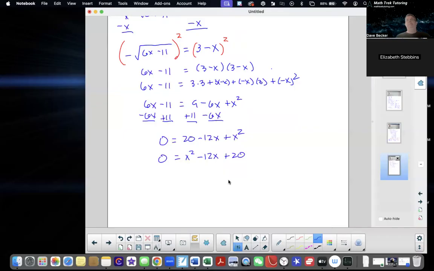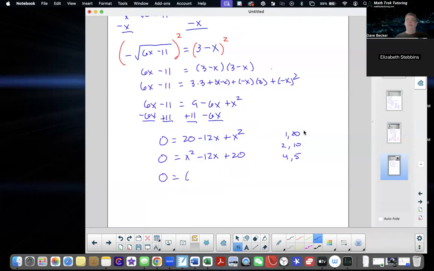Yes. Okay. So now we need factors of positive 20 that will combine to be negative 12. When I write out these factors, I don't worry about the signs of them. I just write the factors, and then I'll worry about the signs afterward.